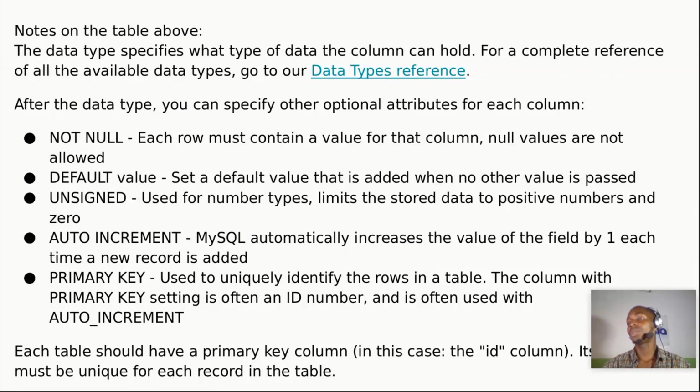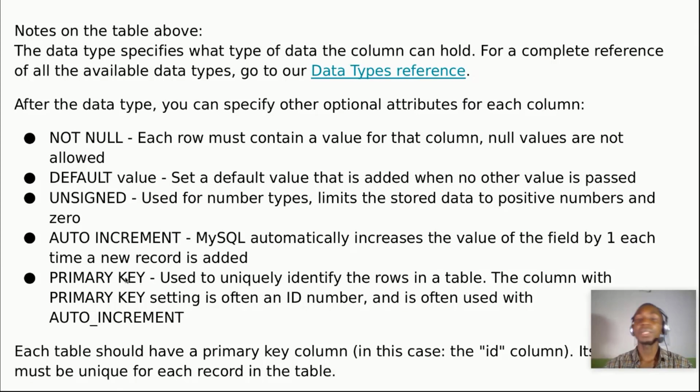Unsigned is used for number types, right? So it can be positive or zero. And these data types, I think you can research on them and just know. But these are the most common data types I will be using in SQL.